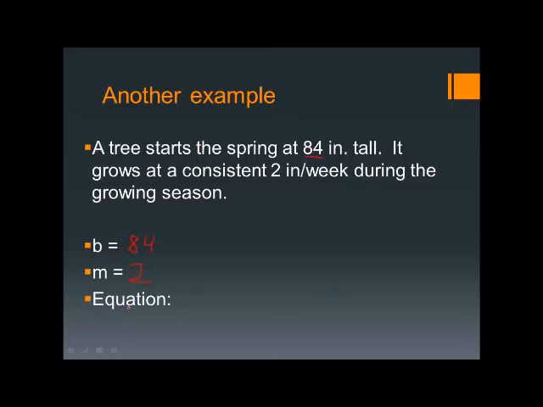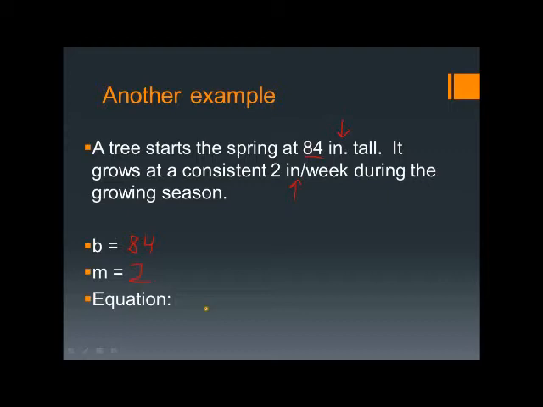One thing we'd have to watch for in a lot of word problems is making sure that our units are consistent. You can't have one be measured in inches and the other be written in feet and have the equation work out correctly. So in this case we're okay because they're both inches.